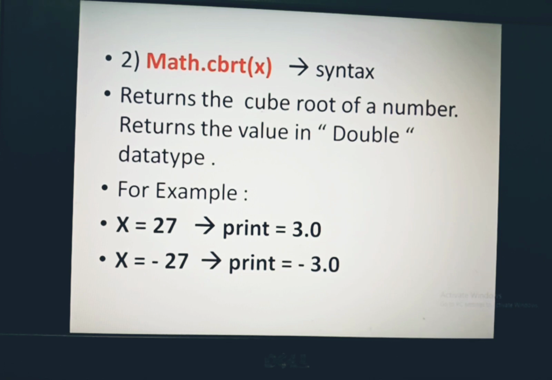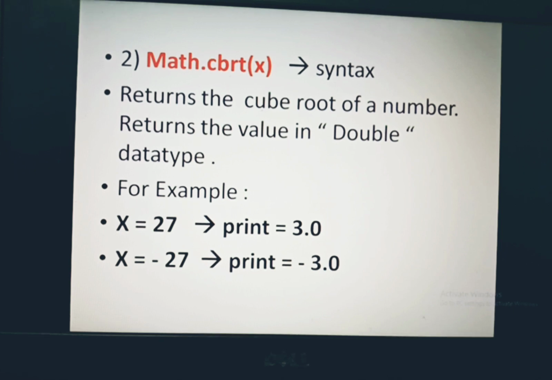For example, I will write System.out.println and then Math.cbrt, and in parentheses I will type 27. So my output will be 3.0, because the cube root of 27 is 3, and it always returns the value in double data type.